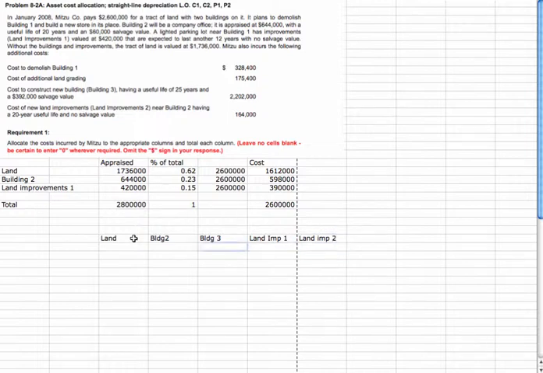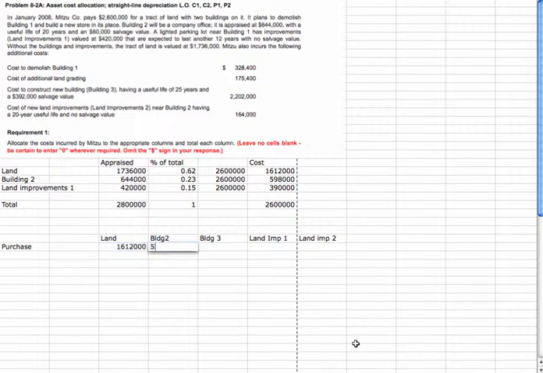Okay, so now we can take this one at a time, and we can say, first of all, let's take the purchase, and we did the allocation of the purchase. So I've got $1,612,000 to the land.